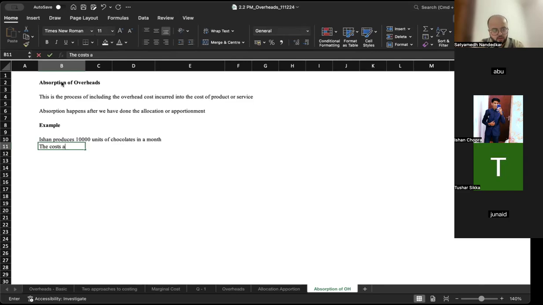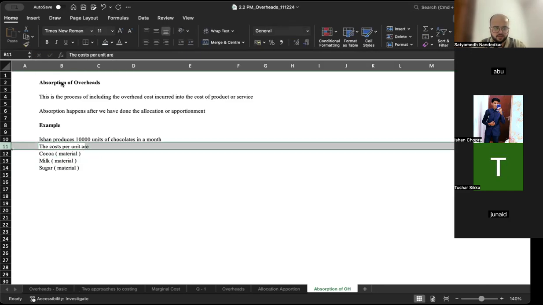The costs are cocoa, which is material, milk, which is material, and sugar, which is material. These are the costs per unit.